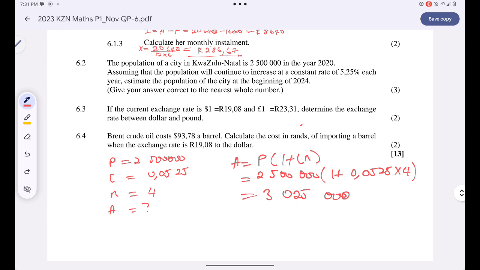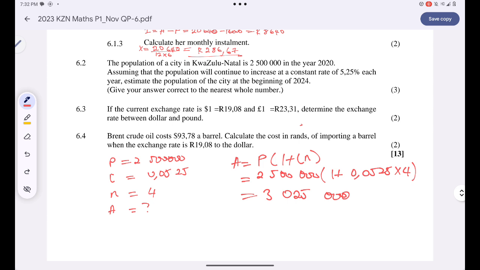So the number of people that will be there at the beginning of 2024 is 3,025,000 people.